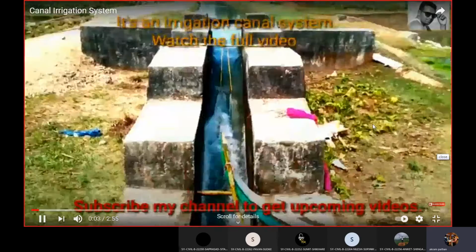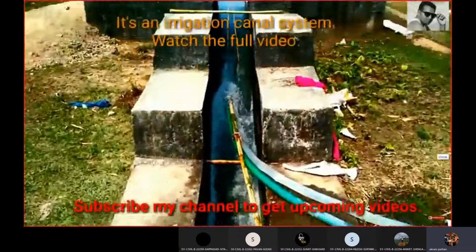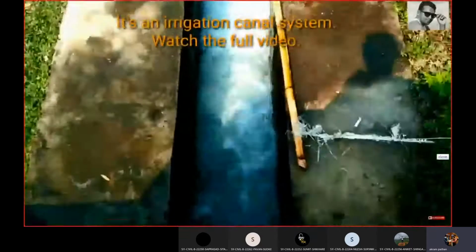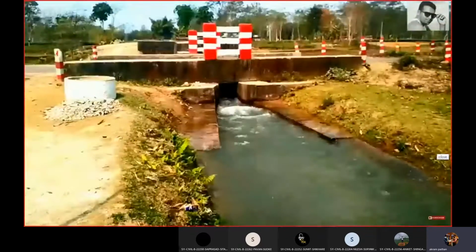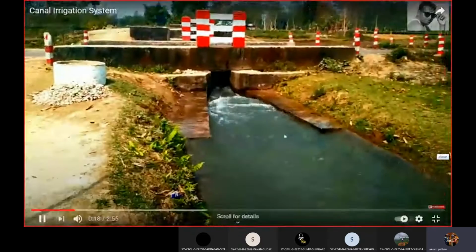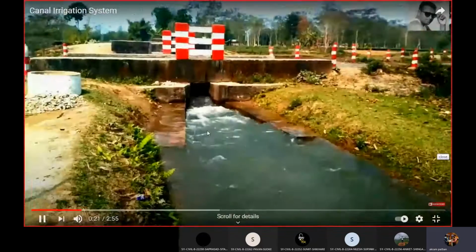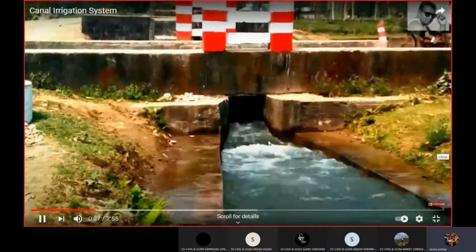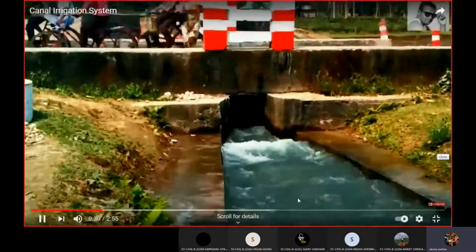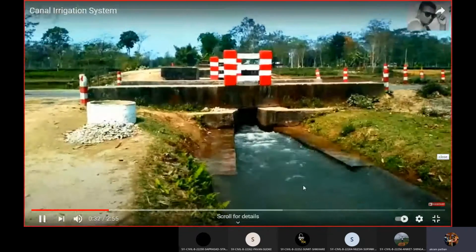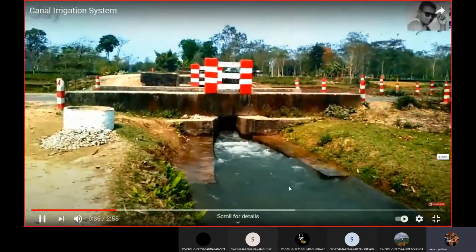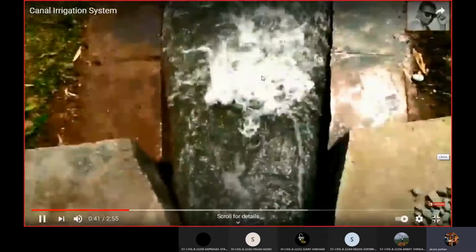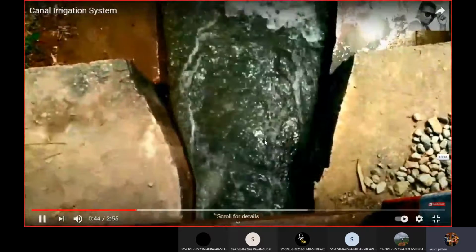Now let us see here, this is a channel, okay. Through this channel, the water is flowing. Now it is very important that we have to measure this water, the discharge through this channel, in meter cube per second or liter per hour.